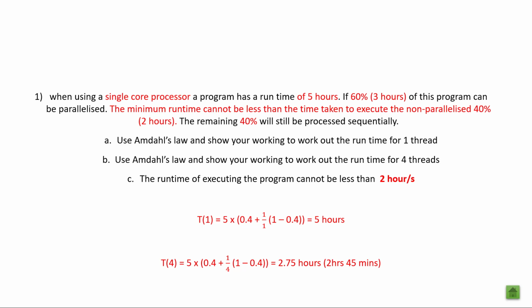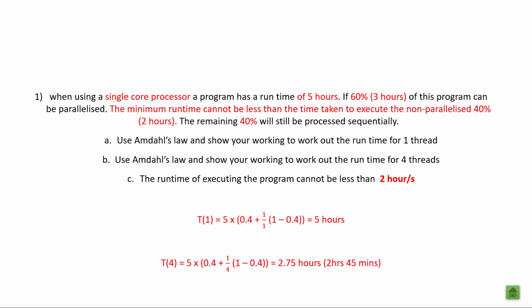If 60% or 3 hours of that program can be split up and spread across multiple cores, the minimum runtime cannot be less than the time taken to execute the non-parallelized part, so the 40% that can't be split up across cores anymore. It can't be less than that, can it? Because that can't be split up, therefore it must be that time or greater than that time.